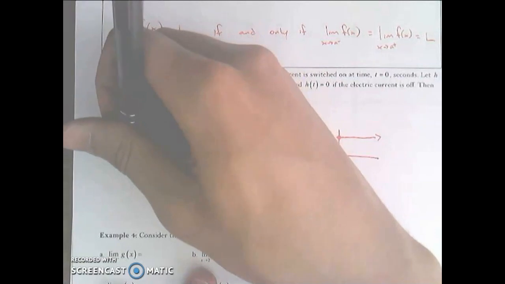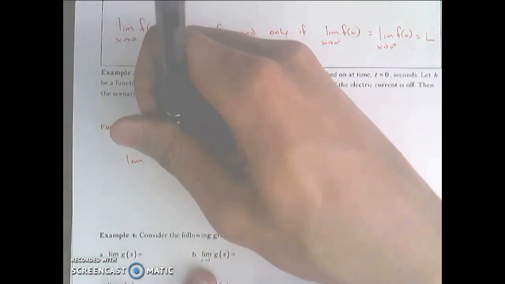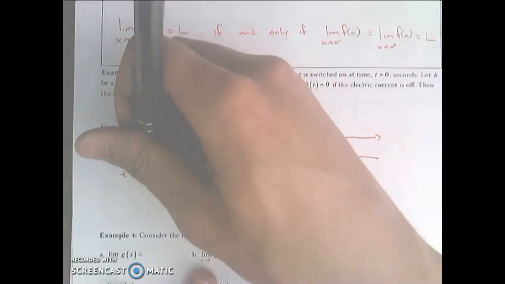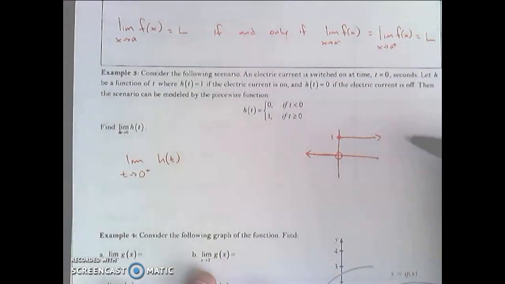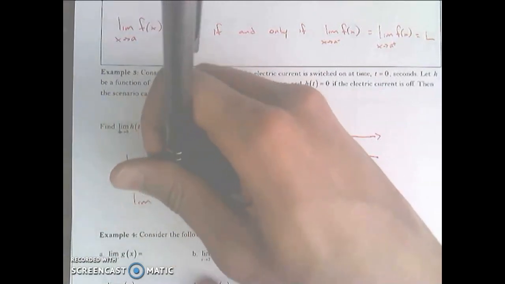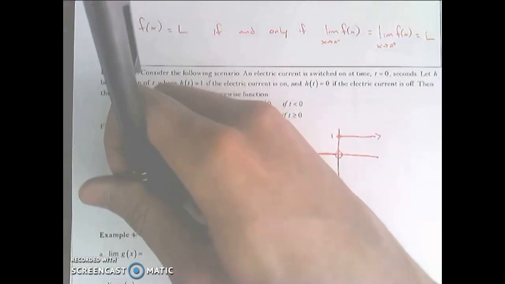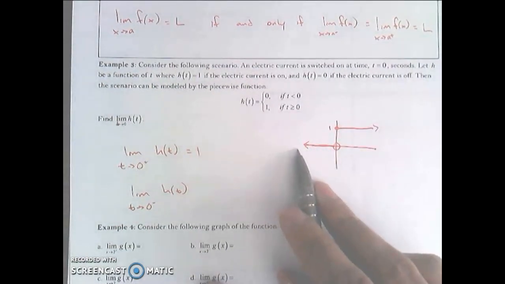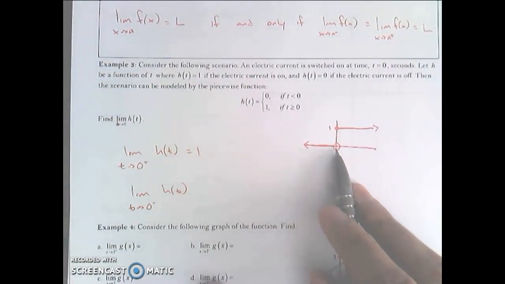So the limit of h of t as t approaches 0 from the right-hand side: we're coming in from the right-hand side, and as we get closer and closer to t equals 0, we get really close to 1. And the limit of h of t as t approaches 0 from the left-hand side, the left-hand limit, coming in following h, we get really close to 0.